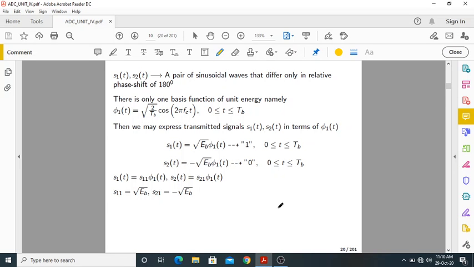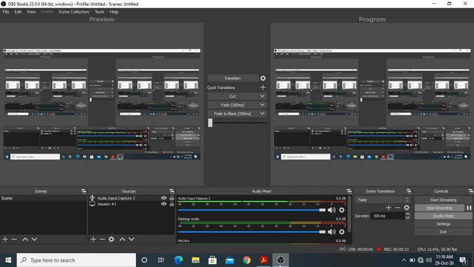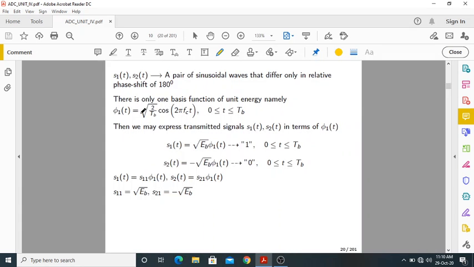So, in the last class, we started with the first type of digital modulation technique called binary phase shift keying, or BPSK. Binary means we transmit only two symbols, so obviously they should be 1 and 0.